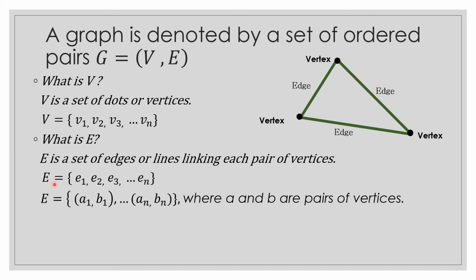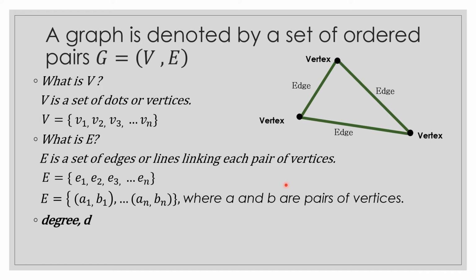You can write the set of E like this: E1, E2, E3 until En, and you can also write it like this: (A1, B1) until (An, Bn), where A1, B1 are the pairs of vertices, depending on the graph of the network. Later on we will have an example to show how you write the set of edges and the set of vertices.